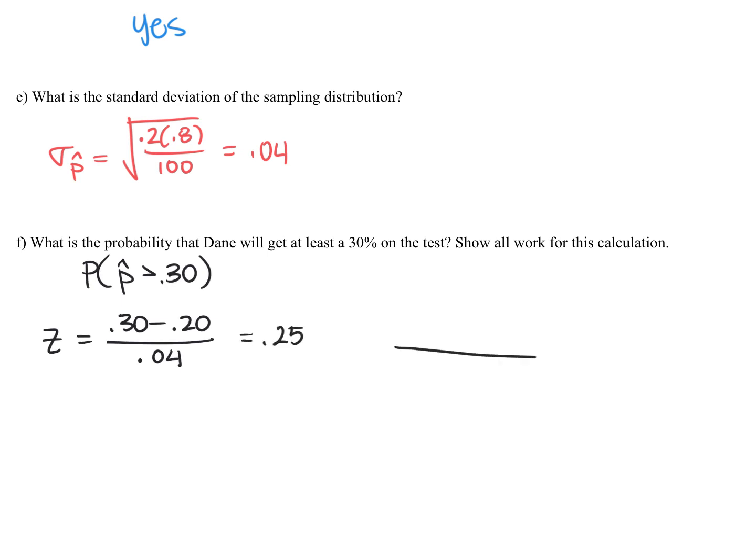So we look at our distribution, we have our mean, we have our z-score, and we're trying to find the probability that we do greater than that. So we go into our calculator, we go to normal CDF. My lower bound is 0.25. My upper bound is 1E99, mean of 0, standard deviation of 1, and we get 0.4013.